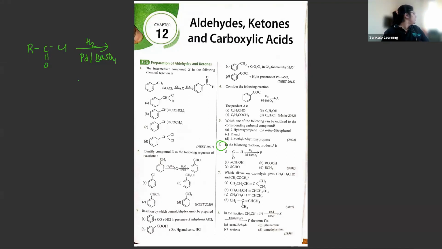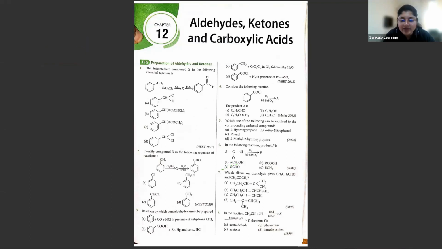So it is option number C. It is converted into aldehyde. Removal of oxygen, addition of hydrogen gives rise to an aldehyde. So this is a Rosenmund reduction.